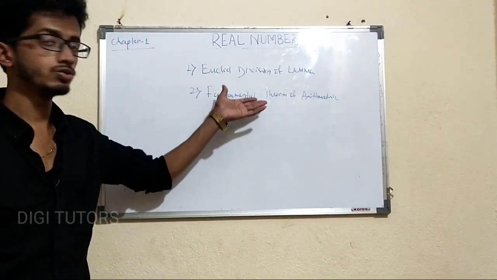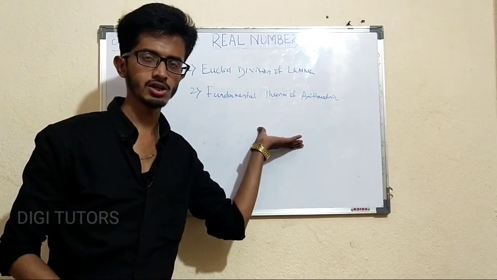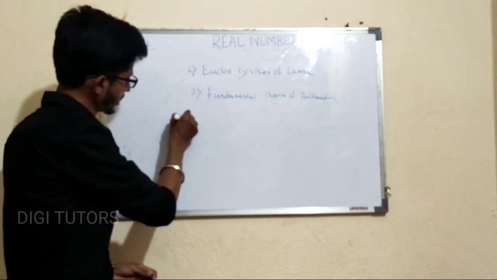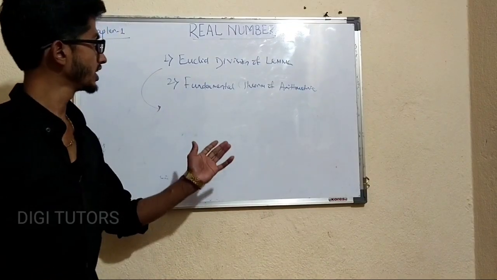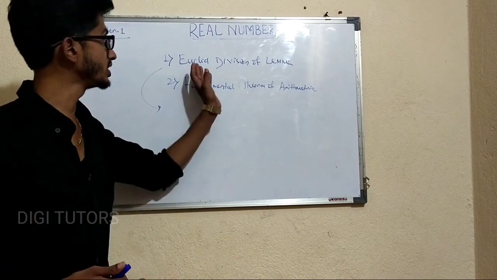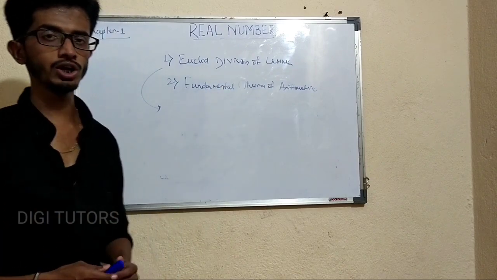Okay, these are the two very important properties of integers. Let's start with the first one, that is Euclid's division lemma. As per the name, we have to check the divisibility of integers through Euclid's division lemma, okay?